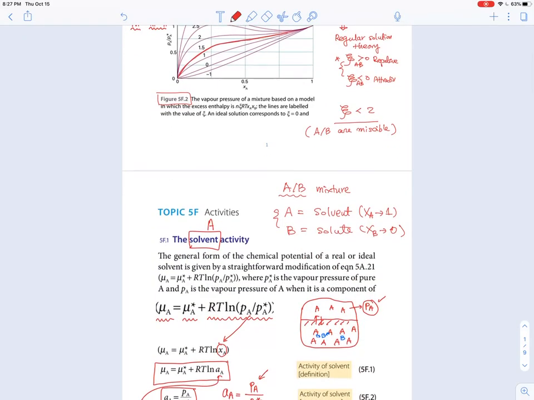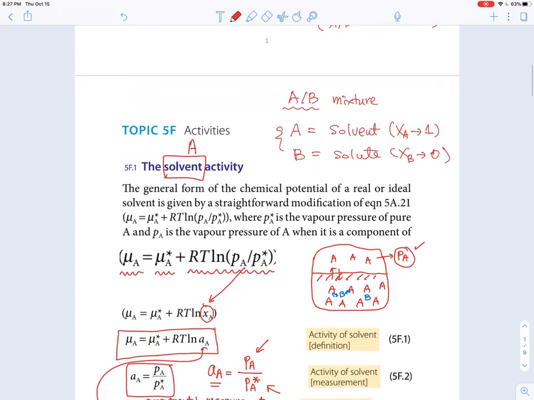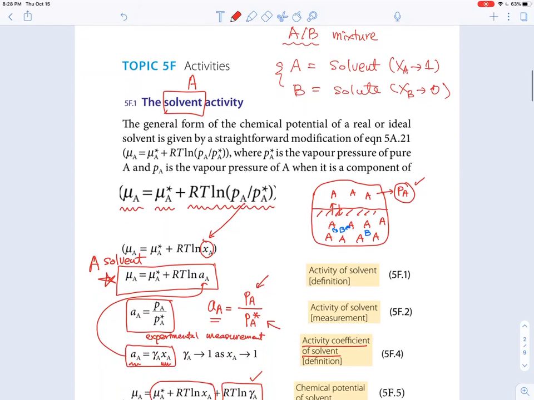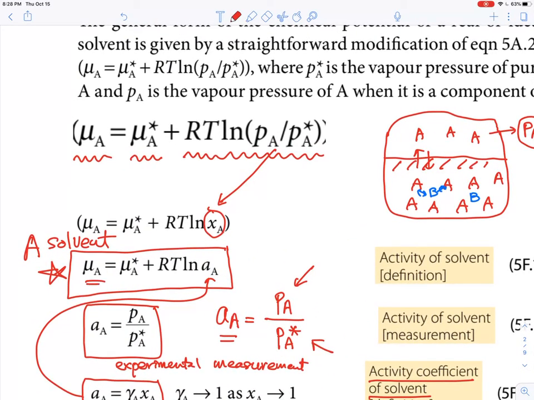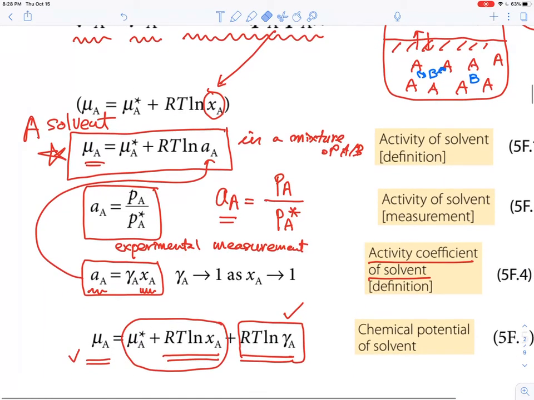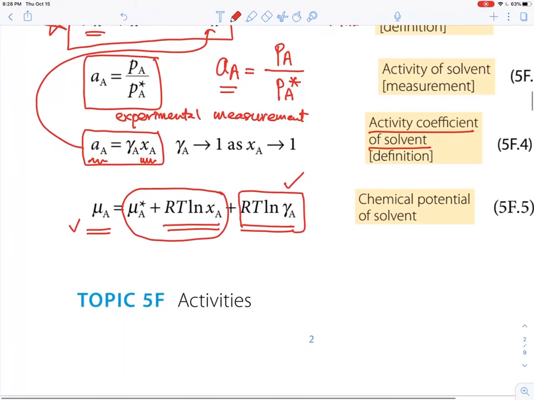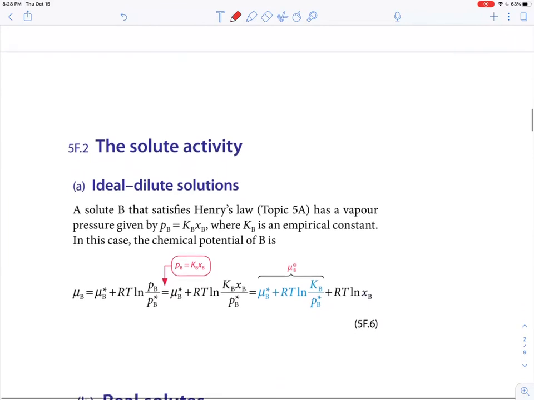So this chapter is essentially trying to compare and give you the general idea. Given that A is a solvent, this is how the chemical potential of A in a mixture of A and B is defined, and then they bring out some comparison of these two.